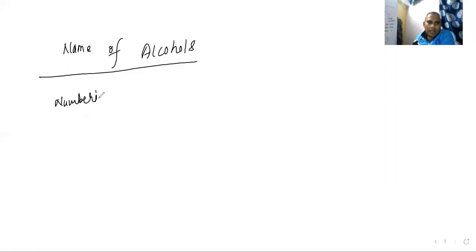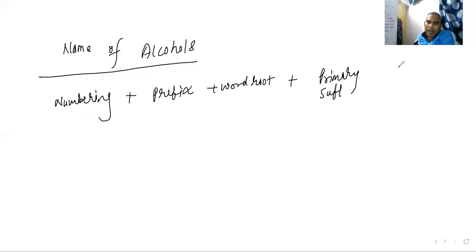Then we write the prefix, then the word root, then the primary suffix, and lastly the name of the secondary suffix.